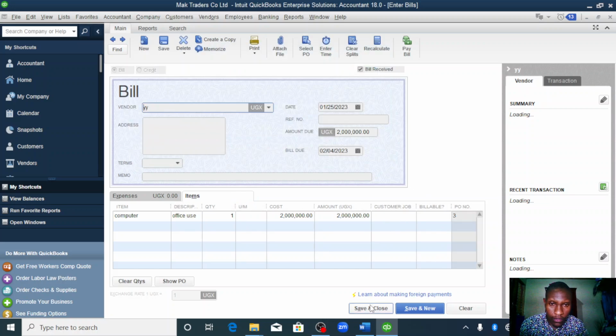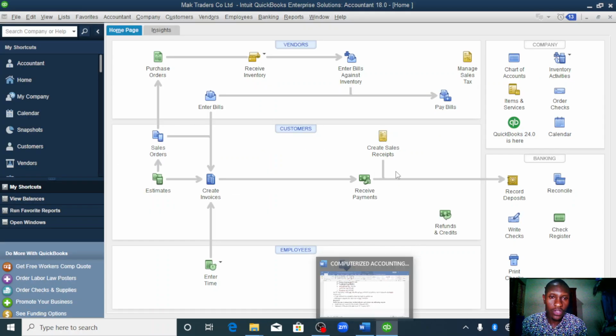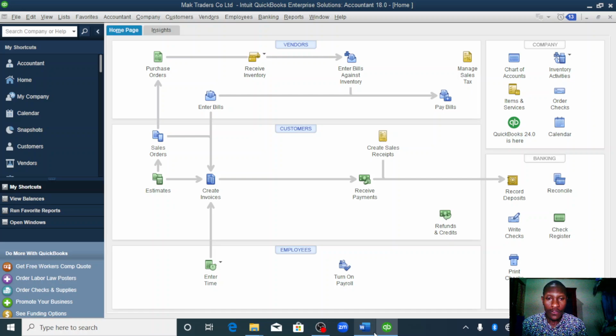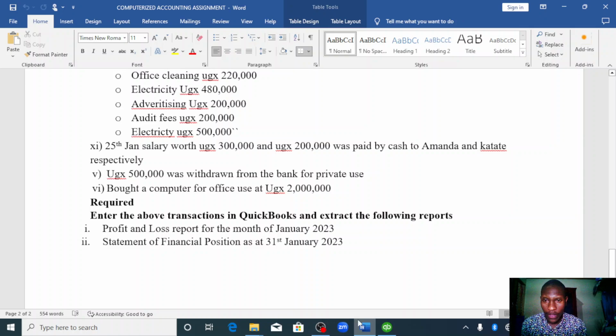Then we save and close. Then we go to pay bills. But accordingly they have not specified, so we are not going to pay this bill also. That was our last transaction, and now we are required to extract.